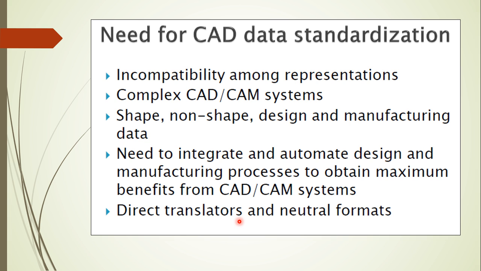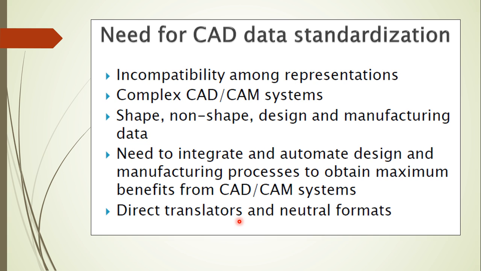So we need certain neutral formats, so that if you're working on AutoCAD software on a particular solid model, or if you're working on SolidWorks or CATIA software on a particular solid model, you need the same solid model transferred to another software, which may be an analytical one, ANSYS, Abaqus, likewise.